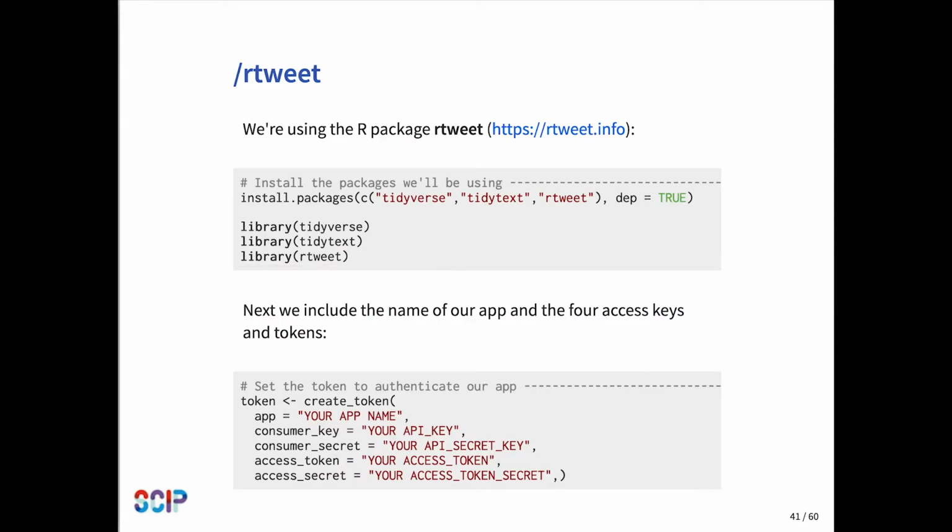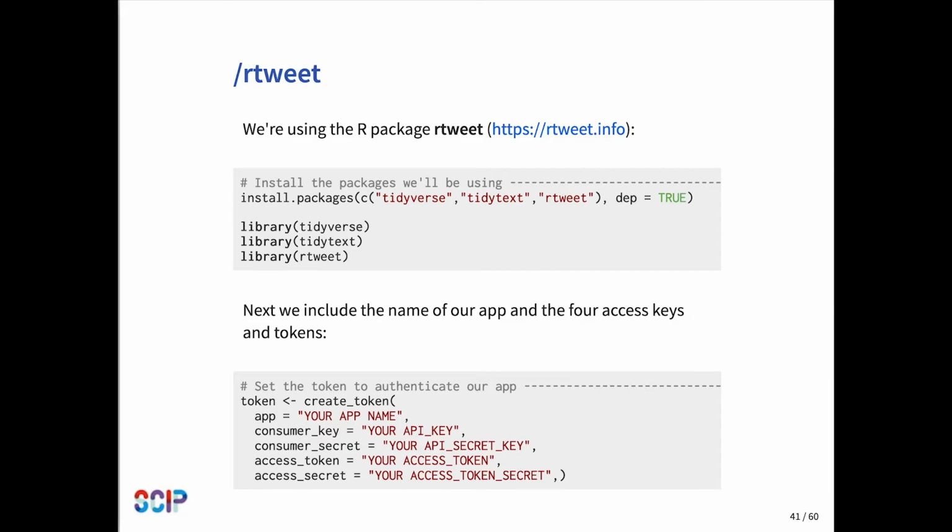In this case, we'll be using an R package called rtweet, and you can see the URL there. To begin with, this first block of code is basically setting up and telling our R script what packages we want to use to carry this out.